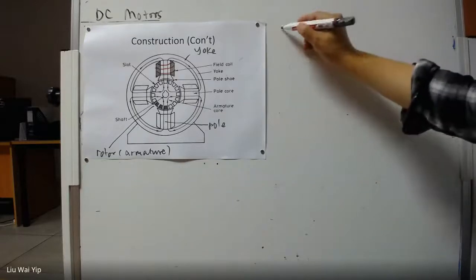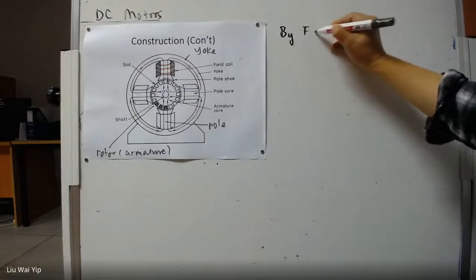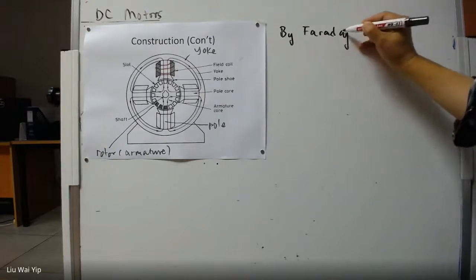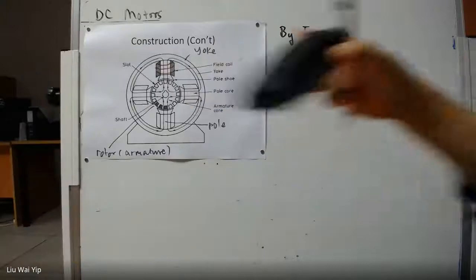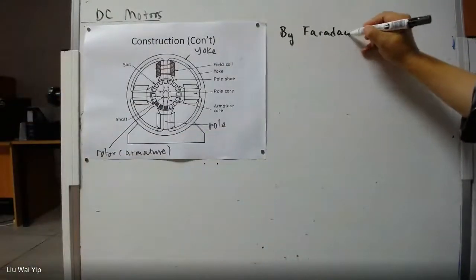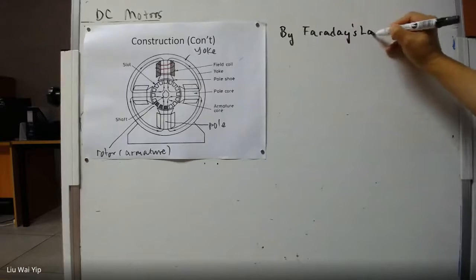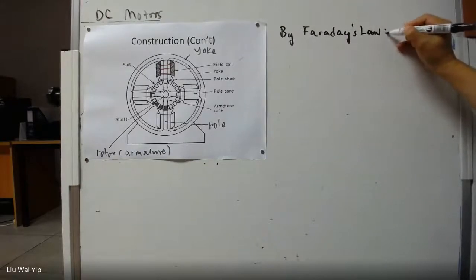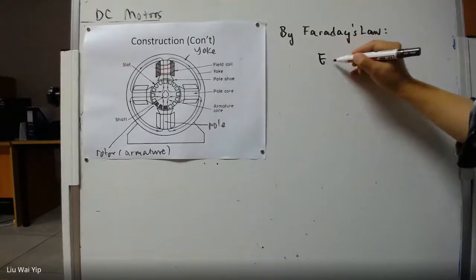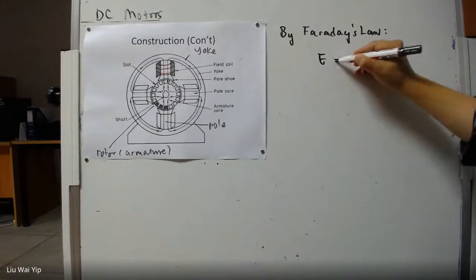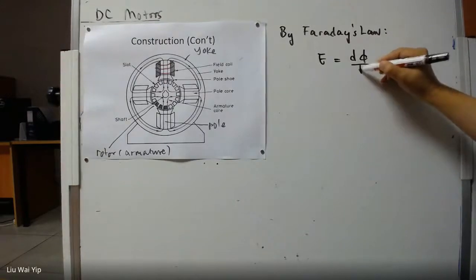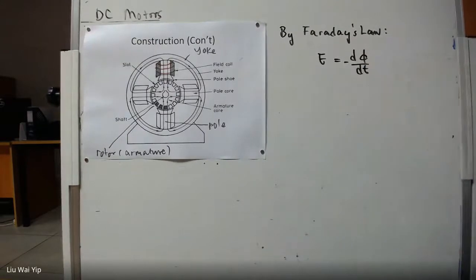By Faraday's law, the back EMF is going to be d flux over dt. Yeah, it has a minus sign as well.